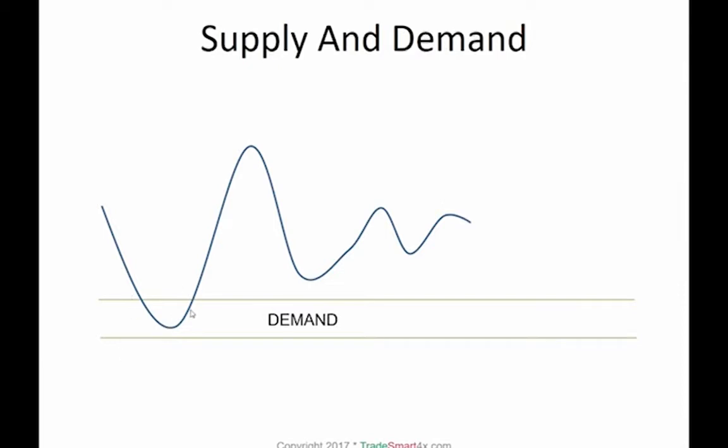So there must be more willing buyers down at this level than sellers. Otherwise, prices could never rise. Remember the laws? If there's more demand than supply, prices go higher. And up here, if prices dropped, you type it in the room.